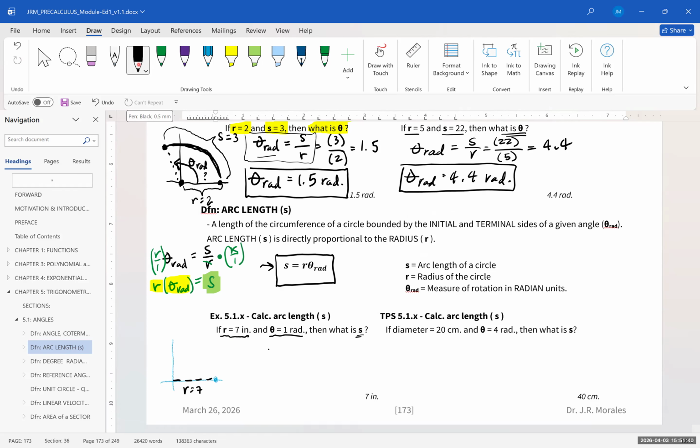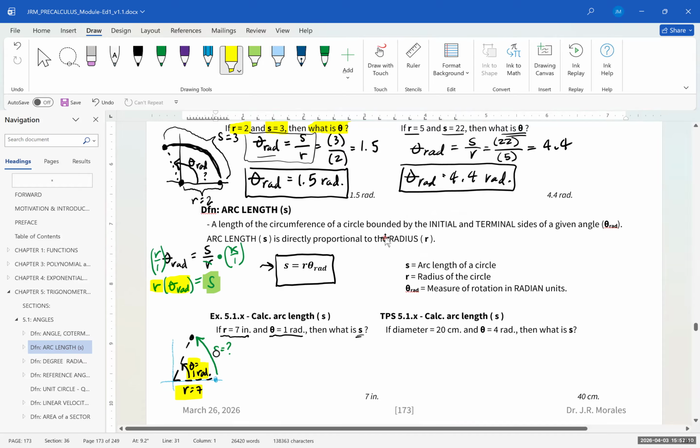And we've got 1 radian of rotational measure, so this angle is 1 radian. Then we want to know how long this arc is. We know the radius and the angle. What is the arc?